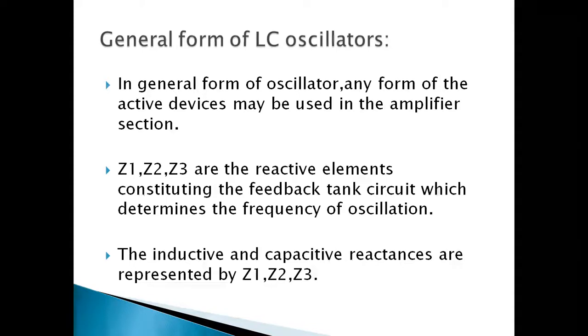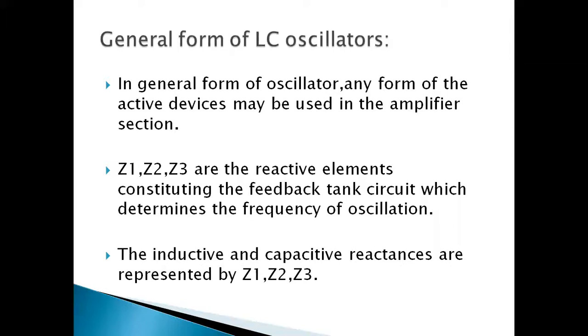In place of the basic amplifier, we can use any type of active device, like vacuum tubes, transistors, FETs, or operational amplifiers. Next, here we are using some reactive elements in the feedback network.